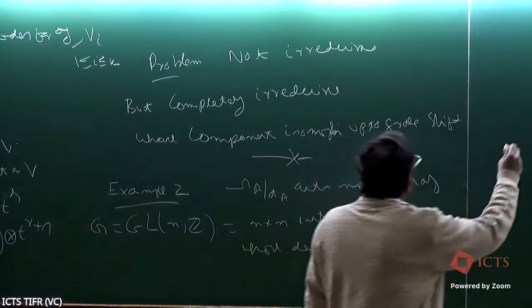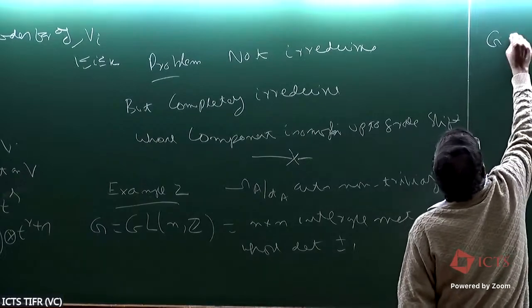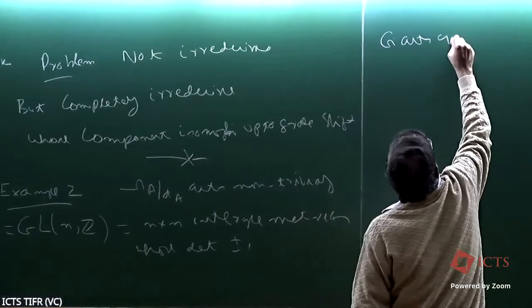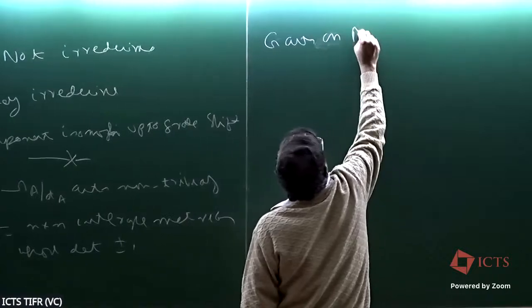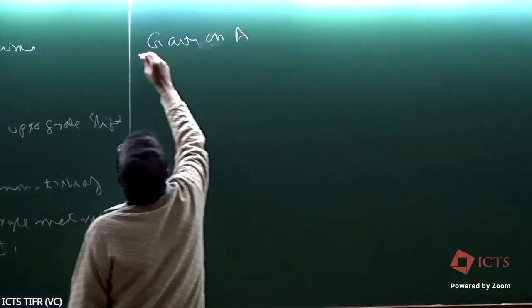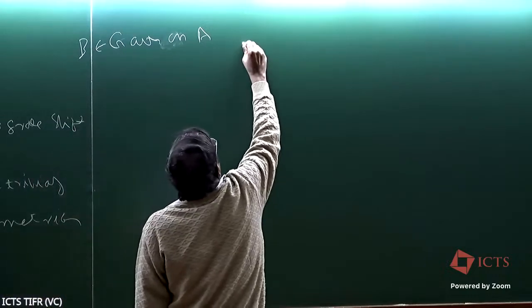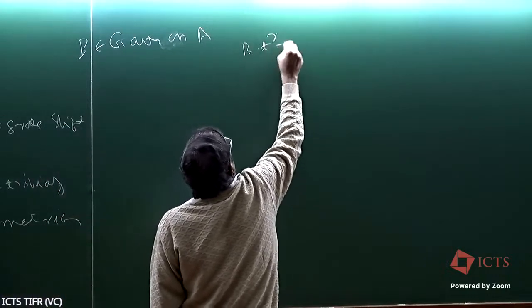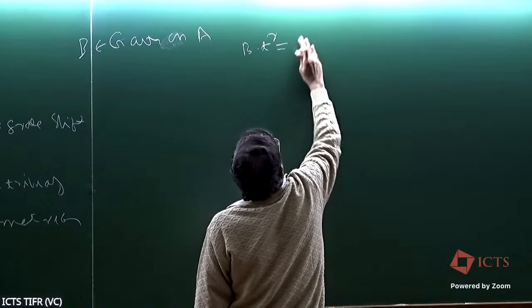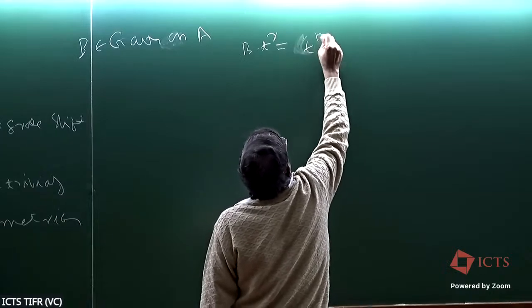Now, G acts on A. So you take a B belongs to G, and B sends T power R to T power BR.